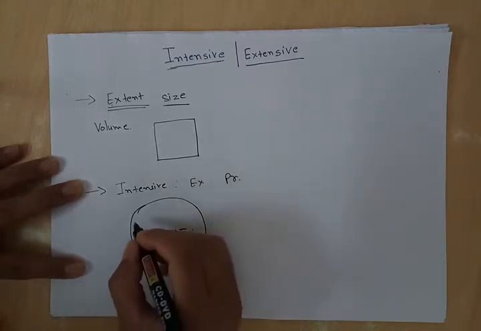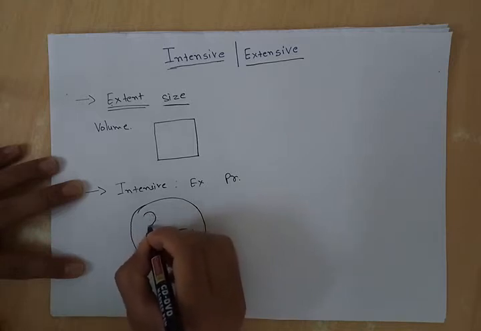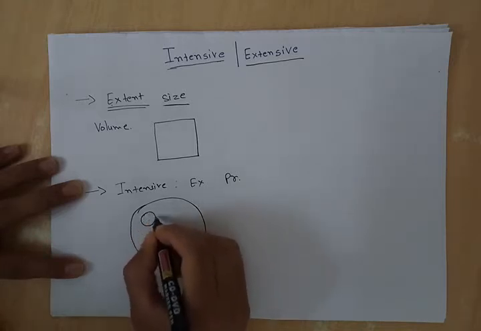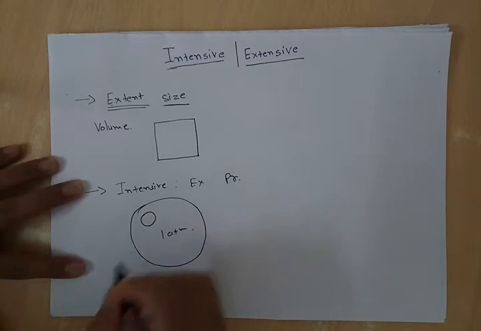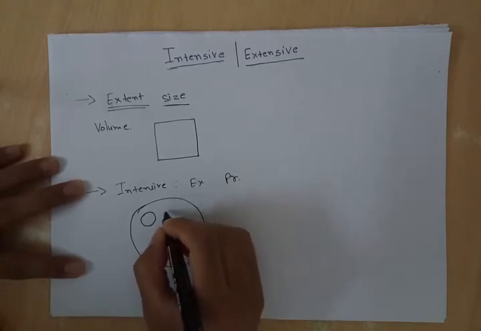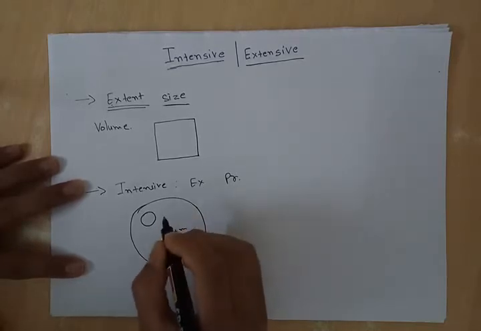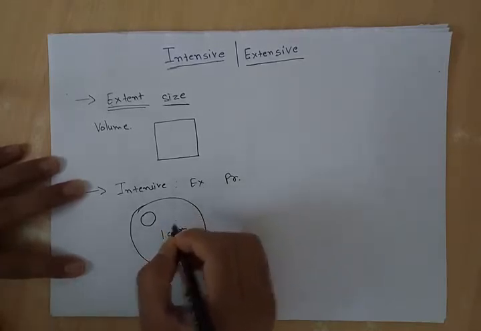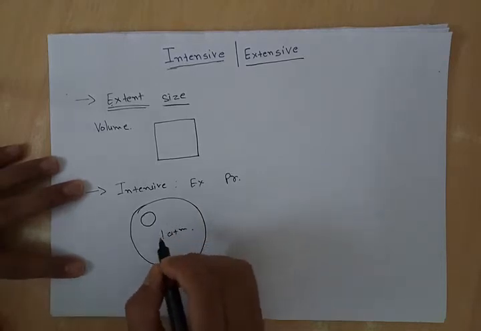So anywhere, let us draw a volume of that much. So in this volume we have pressure 1 atmosphere. So in each and every point we have pressure 1 atmosphere.